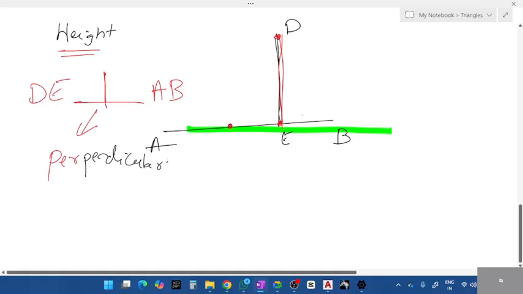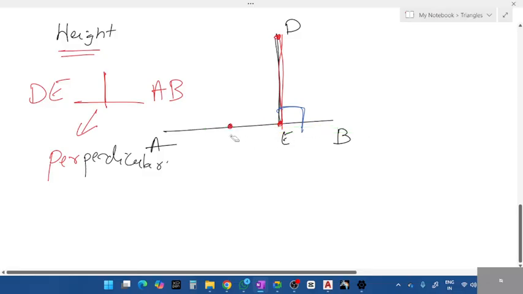The meaning is that DE is perpendicular to AB, or you can even say AB is perpendicular to DE. Actually, we don't write AB first. Whichever line is straight, students, we write that first. DE is perpendicular to AB. The meaning of this is DE is a straight line. Simple concept. DE is a straight line and the angle formed is 90 degrees on both the sides.